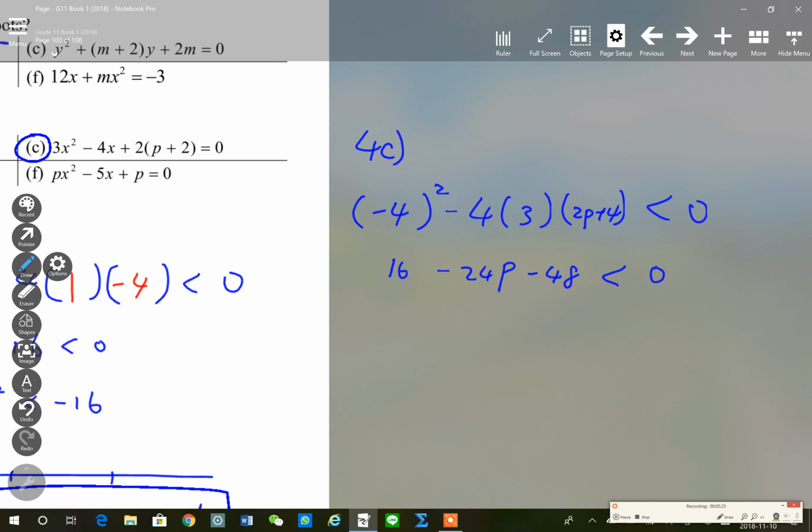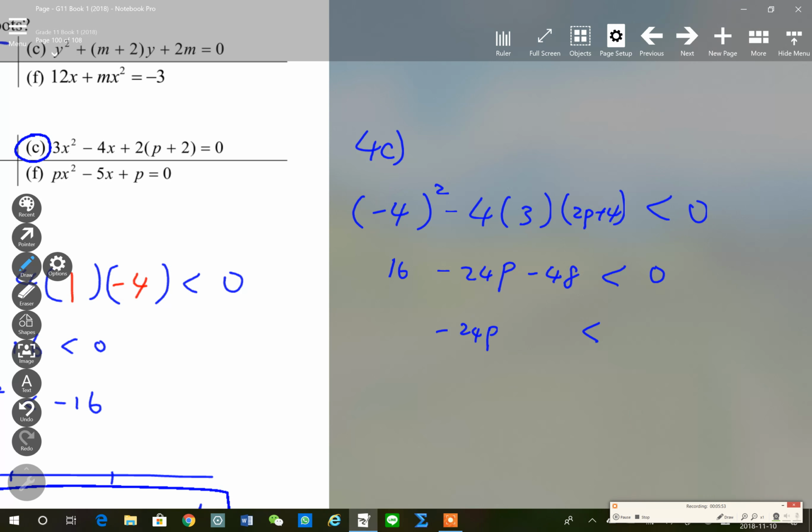Okay? So negative 24P is less than, not negative 32. These two will be negative 32, but when you move over it will be positive 32. Okay? Add the 48 and then subtract 16. Do you follow?